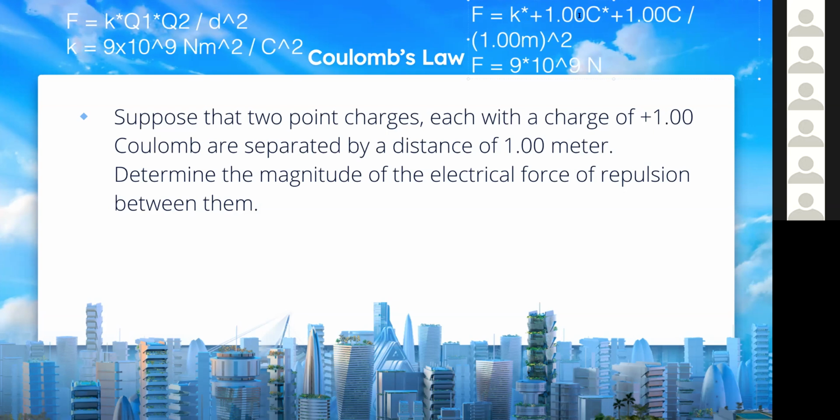Coulomb squared, meter squared, meter squared. We end up with newtons. So that's 9 times 10 to the 9th newtons. That's a lot of newtons. That's a lot of force. That's why I'm saying that 1 Coulomb is a huge amount. All right. So that's generally how we're solving these problems.